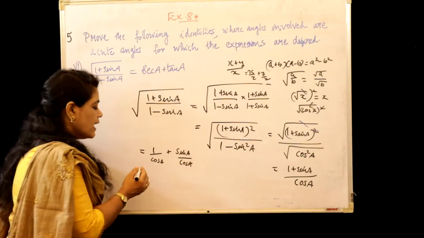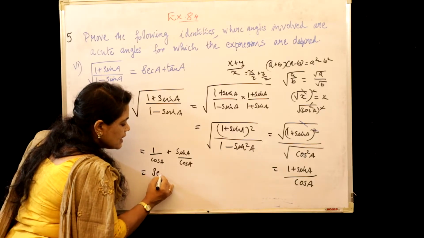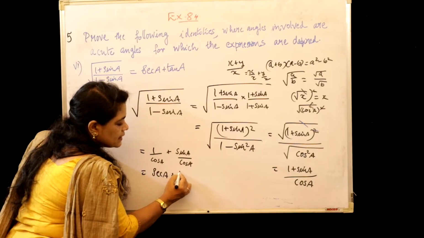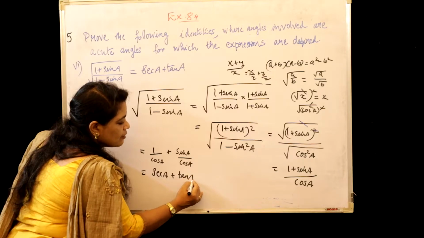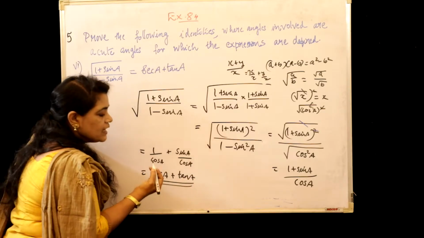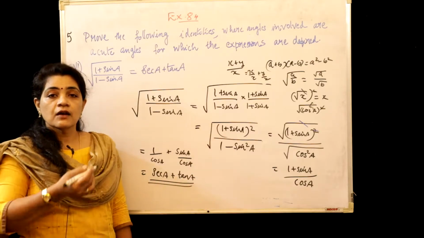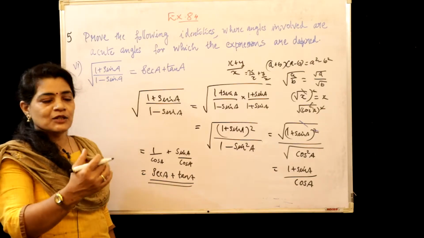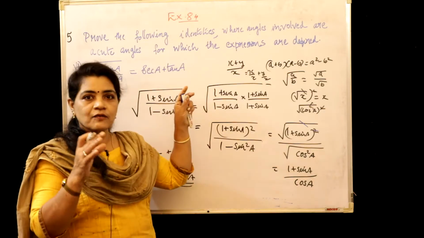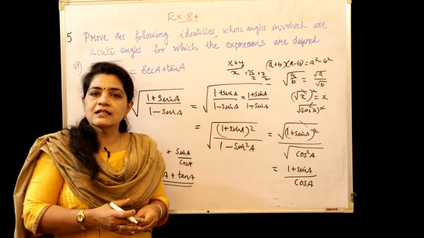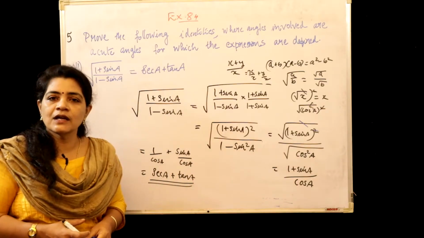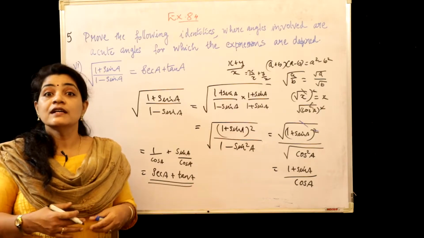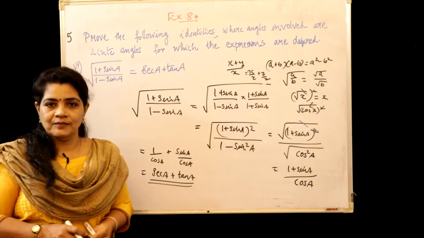Reciprocal relation, this is equal to sec A plus tan A. Sin A by cos A, quotient relation, is tan A. That means we have taken the LHS and we can easily reach this RHS. That means we have proved the identity, that is root of 1 plus sin A divided by 1 minus sin A equal to sec A plus tan A.